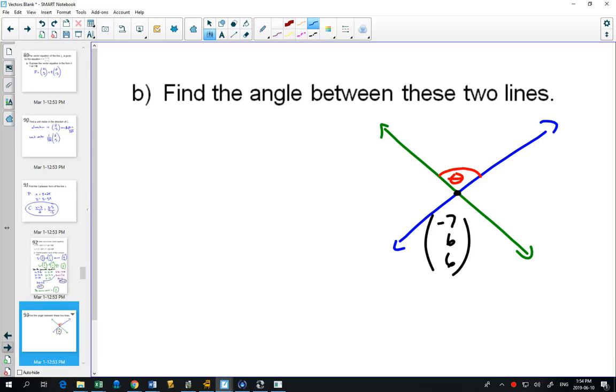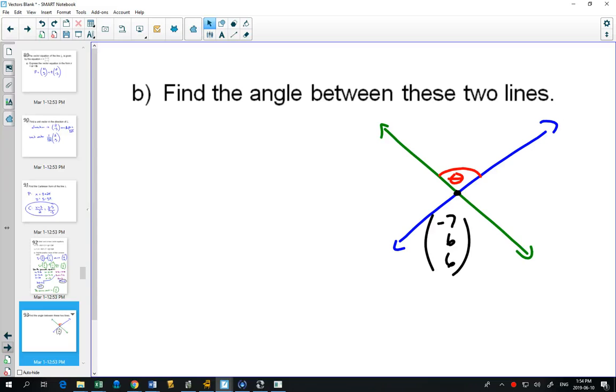Well, how have we figured out angles so far with vectors? We could use either the cross product or the dot product, but we've talked about how the dot product is better because cos of theta can tell us whether it's positive or negative, whether the angle is in quadrant 1 or quadrant 2. But in order to find the angle between them, we're going to need a green vector and a blue vector.